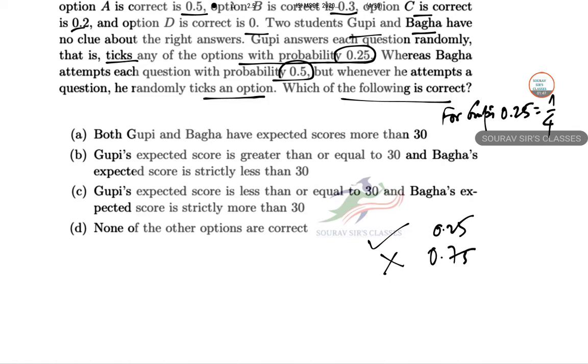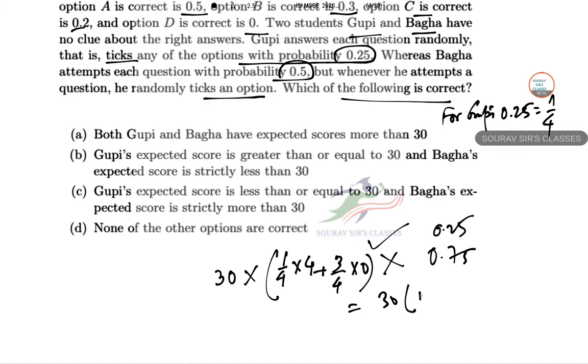Therefore the expectation is 30 questions, 1 by 4 into 4, and 3 by 4 into 0 if wrong, then 30 into 1. So his expected marks is 30.